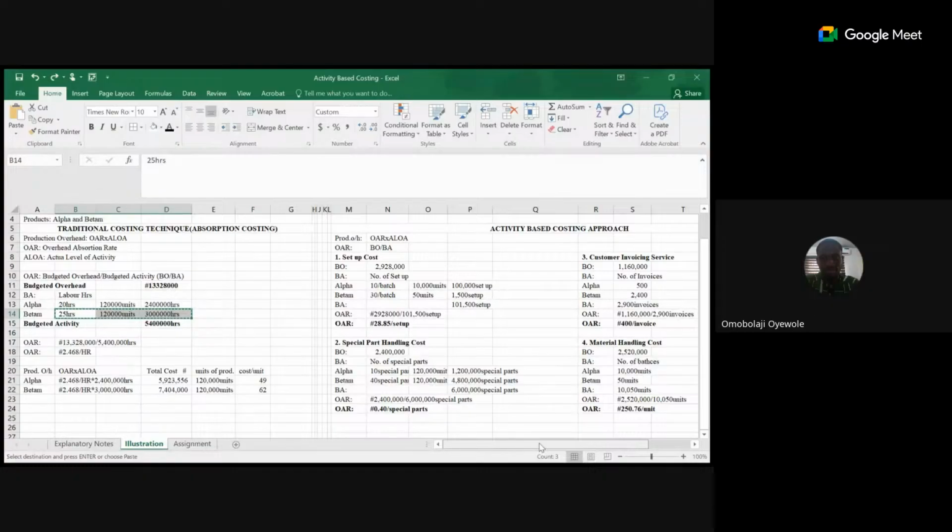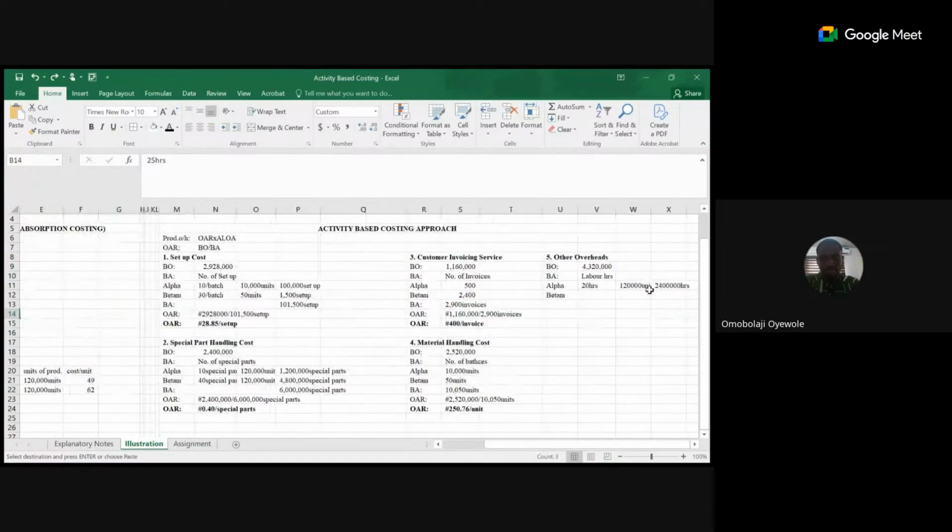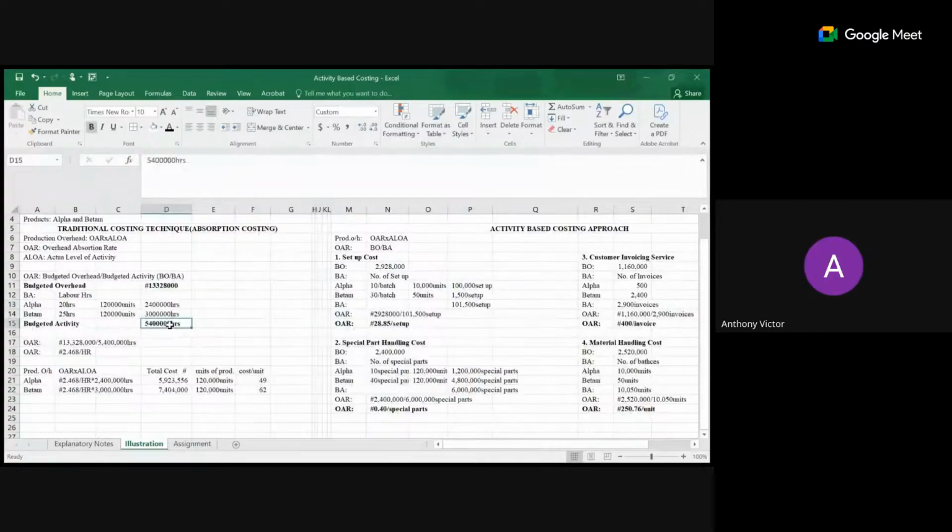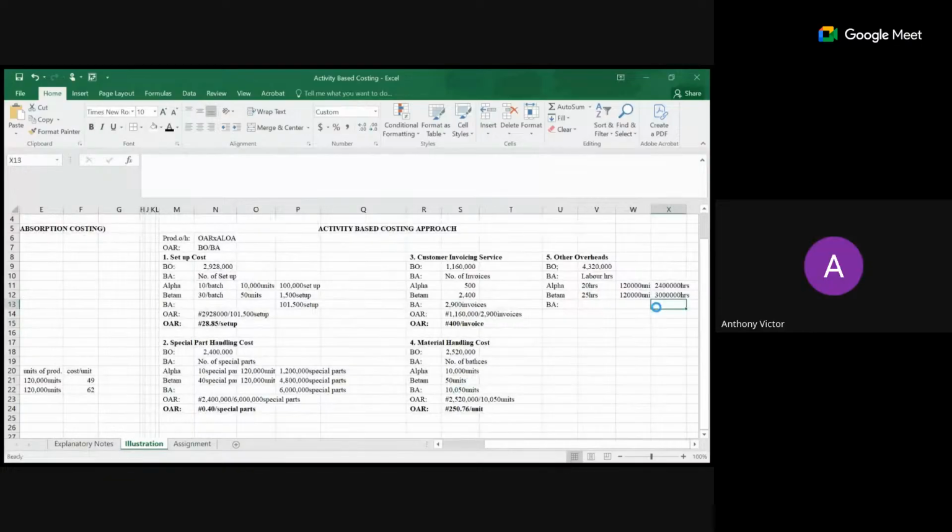So our budgeted activity will be what in total? 5,400,000.